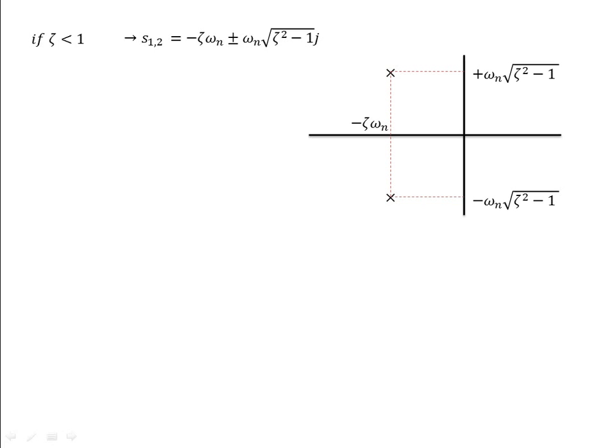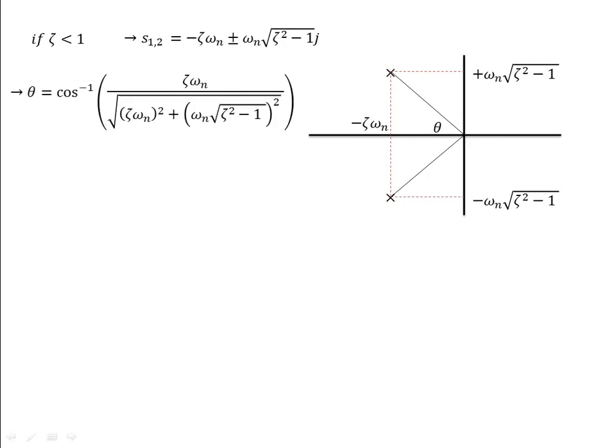Let's look at the angle between the real axis and these poles. If we call this angle theta, the cosine of theta will be the real part, zeta omega n, over the length of this line, the square root of zeta omega n squared plus omega n root zeta squared minus 1 squared.